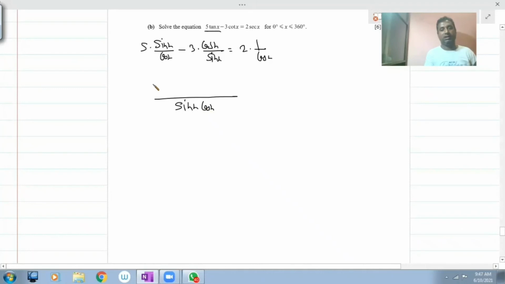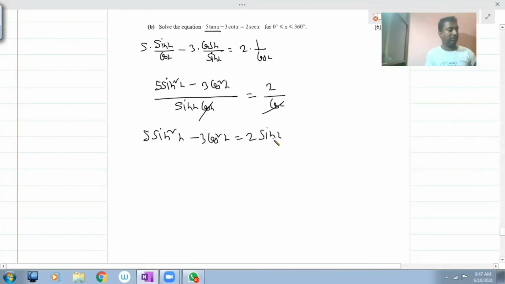Sin x cos x, that is 5 sin square x minus 3 cos square x equals 2 by cos x. This cos square x will be cancelled. Now let us simplify. 5 sin square x minus 3 cos square x equals 2 sin x.